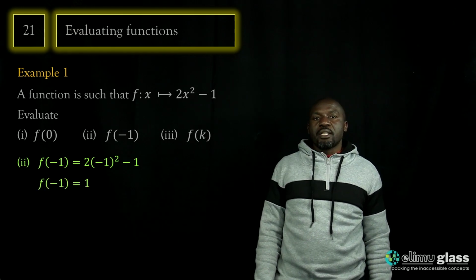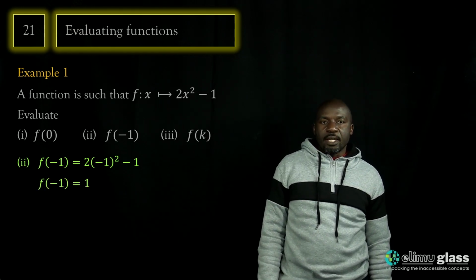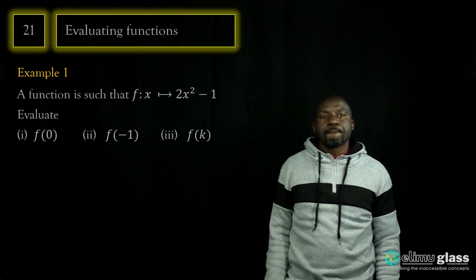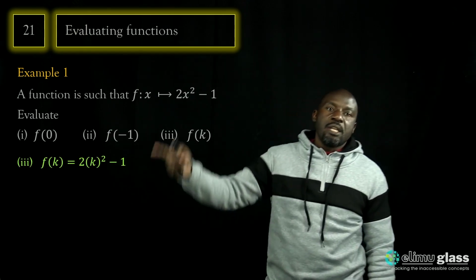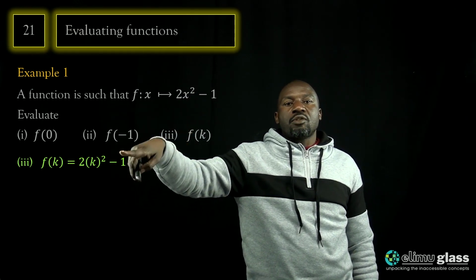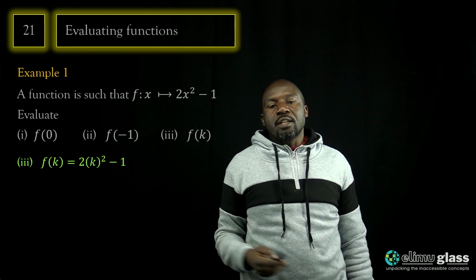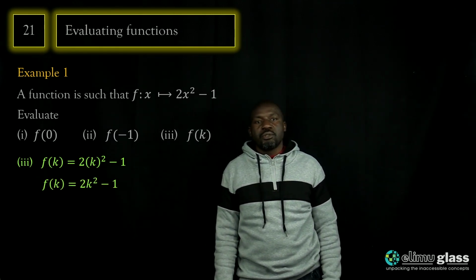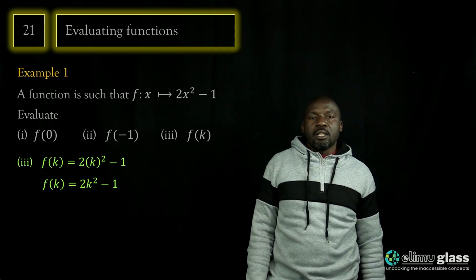So f of negative 1 is 1. All right, what about f of k? Part 3 there. F of k, we input k, so it becomes 2k squared minus 1. We can't simplify that any further, so we will just write that as f of k is 2k squared minus 1. It is that simple.